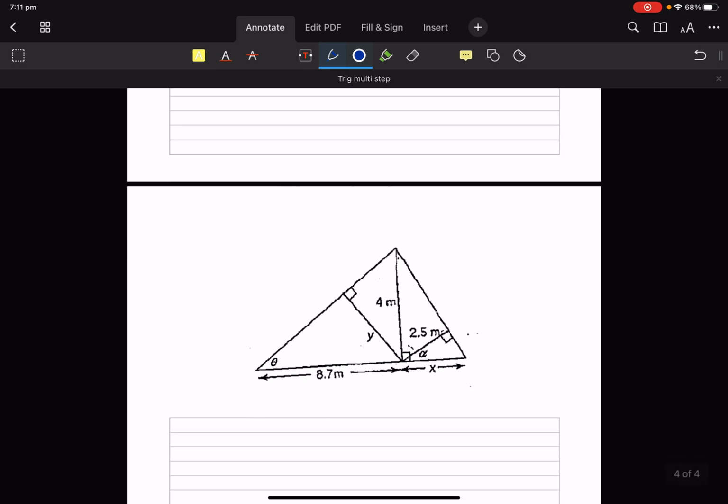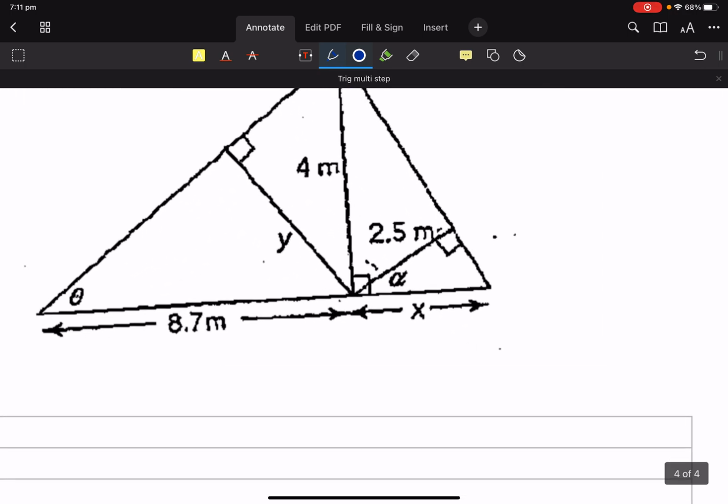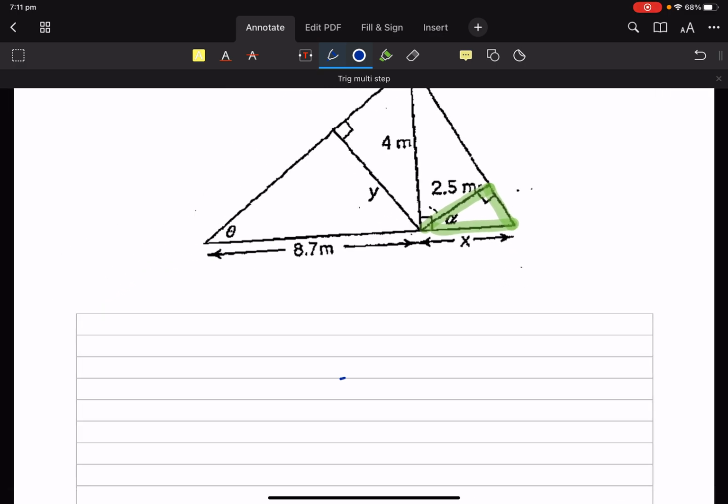Now clearly I'm going to drill in, because all of a sudden I know alpha. And there's my last little right angle triangle. As we've gone through, it's actually getting a little bit easier. So I know alpha is 38.68. That's 2.5.